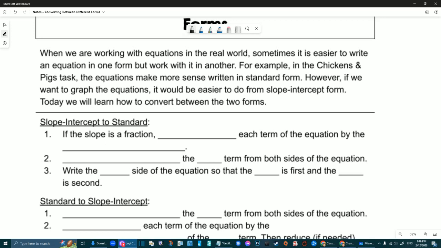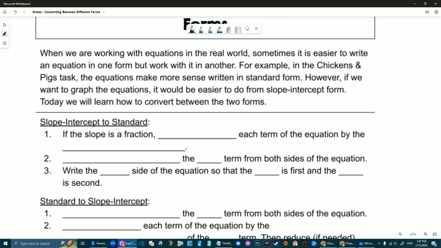Well, that means I need to take that slope-intercept form and convert it to standard. Being able to go back and forth between those forms opens up all those tools in our toolbox for solving systems of linear equations. It means that I can take any system and solve it using any of the methods we've learned.